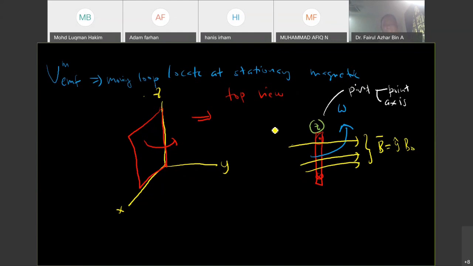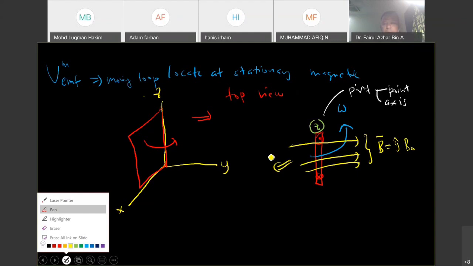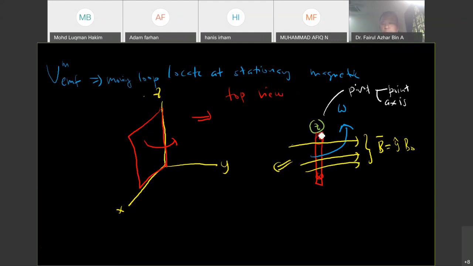In this particular case, if we measure the potential across our loop, we will have to create our loop like this. This is our starting point, and we continue looping this winding until we have another terminal, which we call the ending terminal.